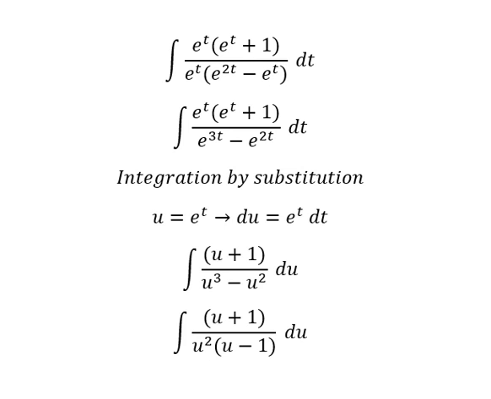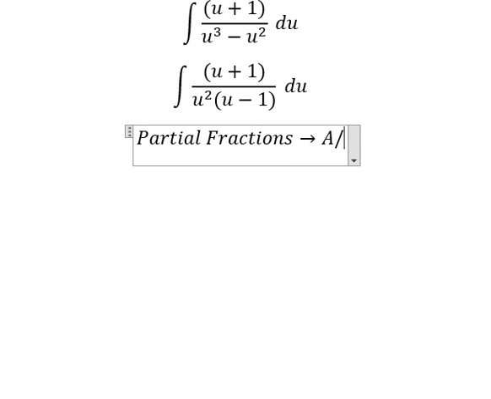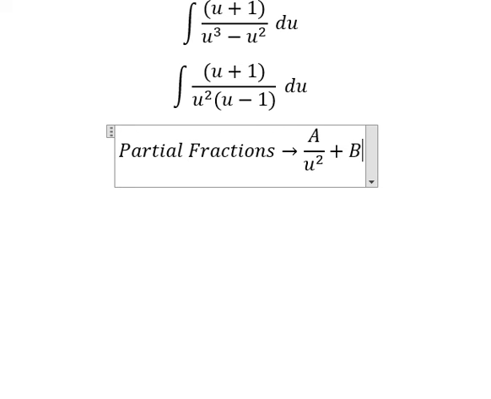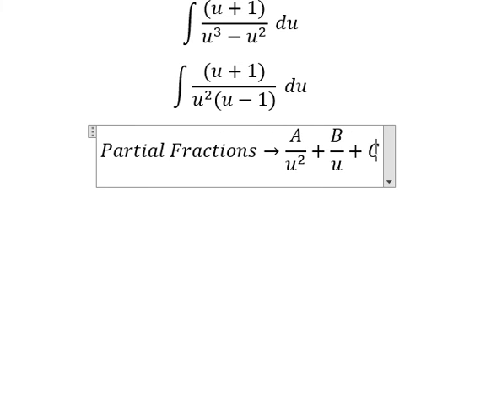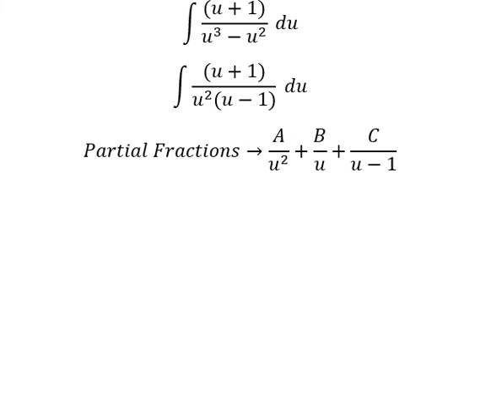And now we can use partial fractions. So I will put A over u squared, B over u, C over u minus 1. Now we can do common denominator.